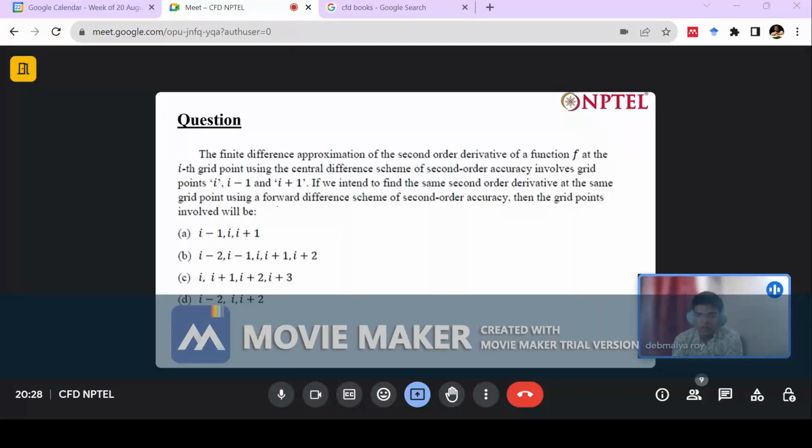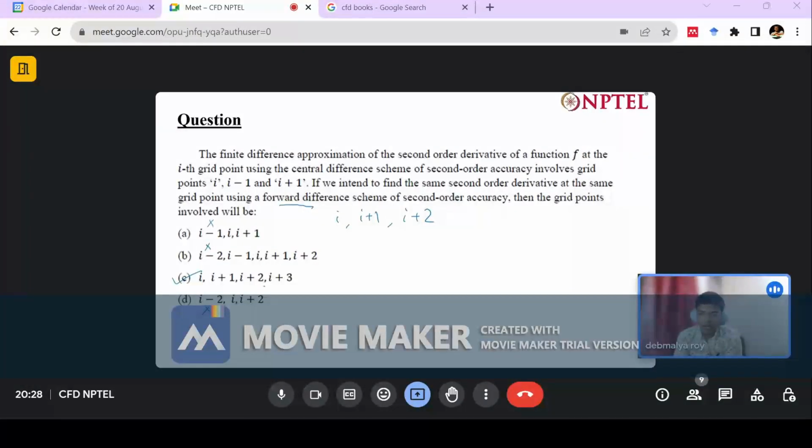We will use a forward difference scheme. We can calculate this, no problem, but we can also use the definition of a forward difference scheme. A forward difference scheme will always have i plus 1, i plus 2, and will never have i minus 1 or such. So A will not be there, B will not be there, D will not be there. Only C will be there.